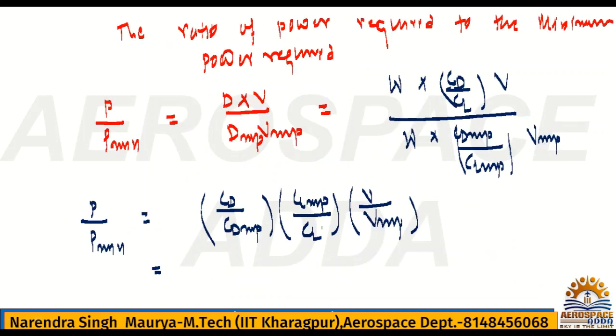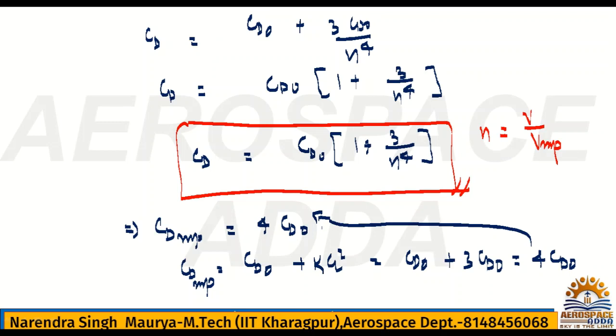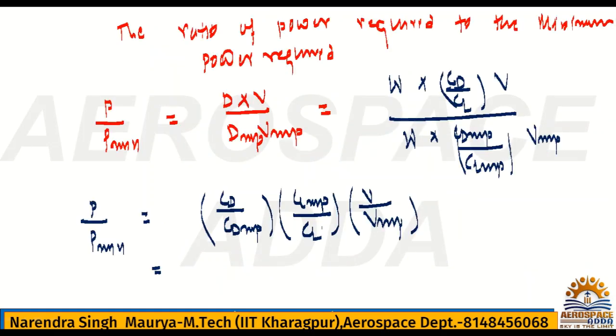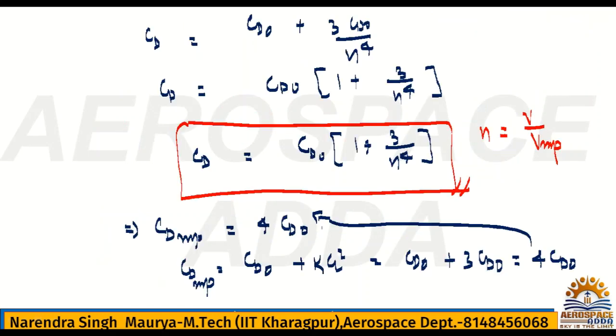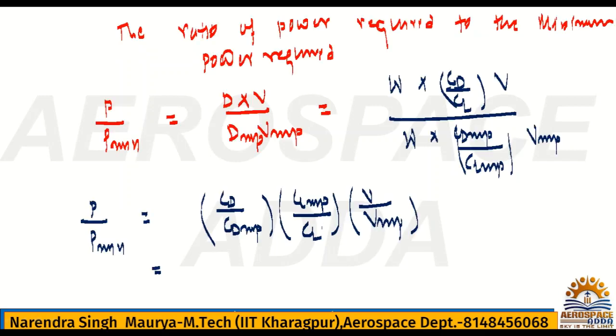So CD upon CD_MP is CD naught in bracket 1 plus 3 upon n to power 4, divided by 4 CD naught, into CL_MP by CL.